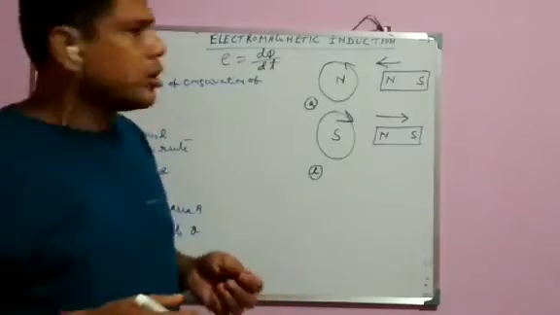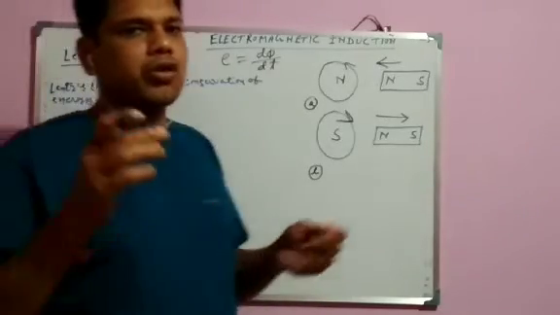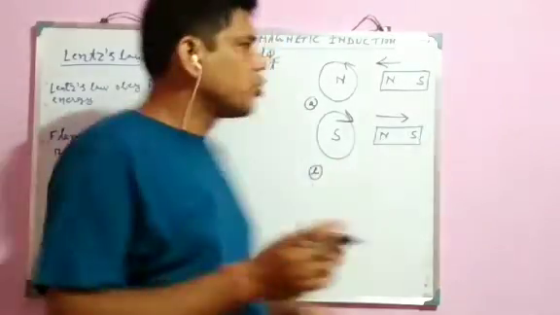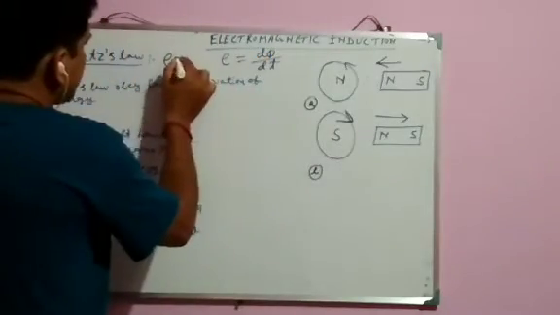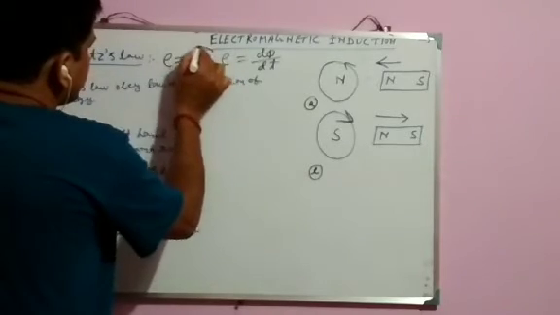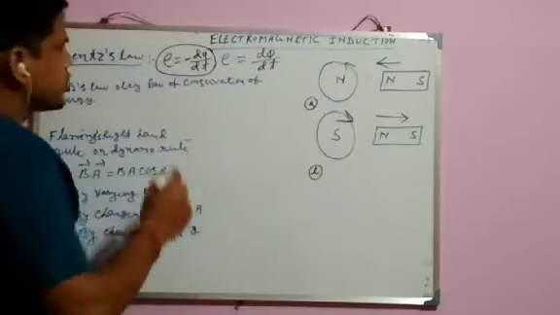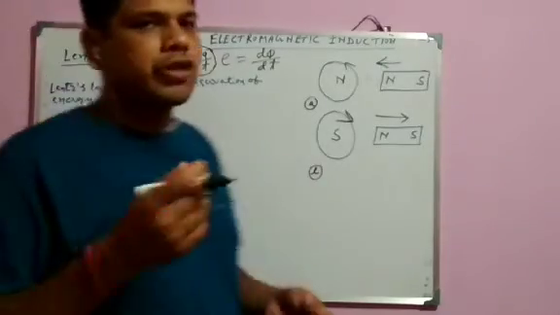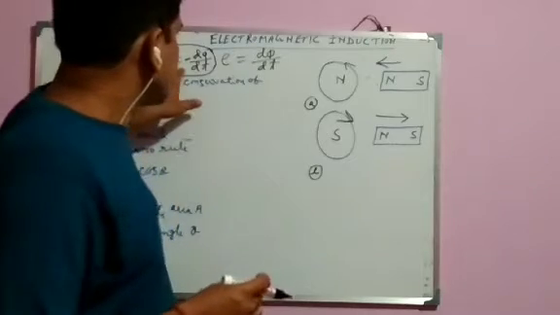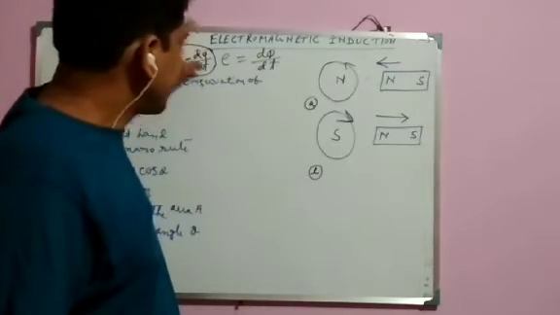By using Lenz's law, we can find the direction of the induced EMF or current. So combining Faraday's law and Lenz's law, we can write E equals minus d phi by dt. This is the equation combining Faraday's law and Lenz's law. By using this equation, we can find the magnitude of the induced EMF as well as its direction.